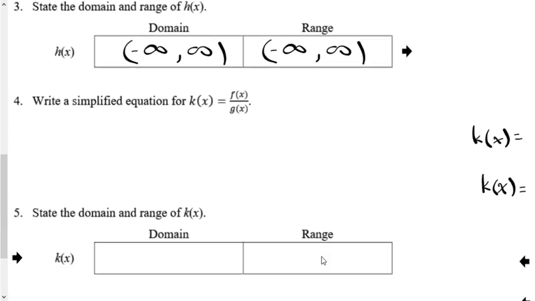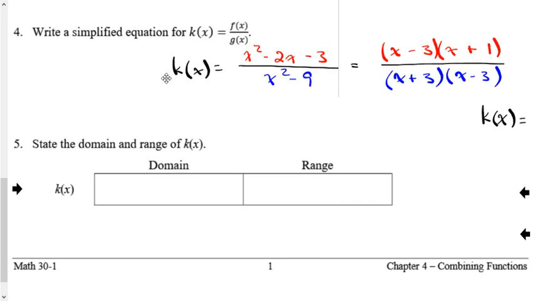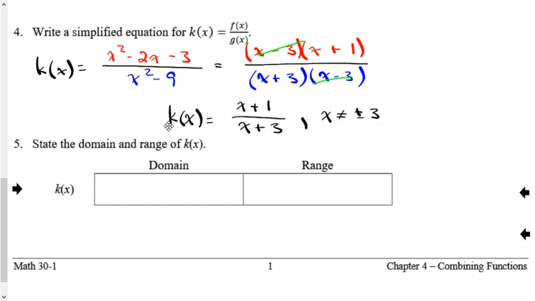All right. Then as we look at number 4, when we're dividing the two functions, I've written f of x over g of x, and I factored to find, hey, there is a common factor. So this x minus 3 and that x minus 3 cancel out, giving me a simplified equation of just x plus 1 over x plus 3.